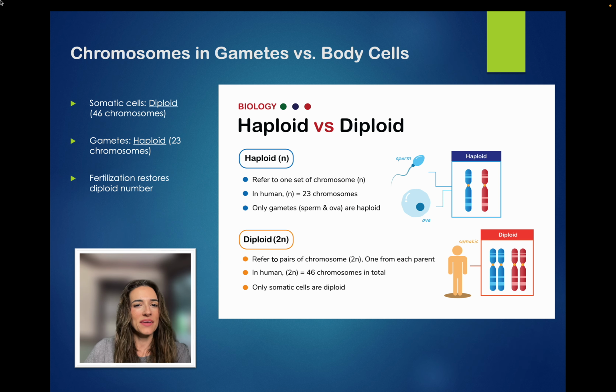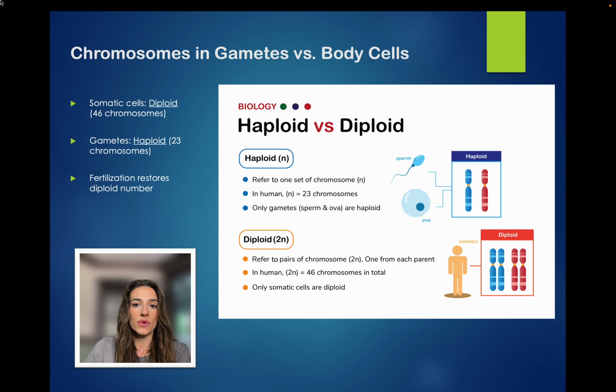All right, let's dive into chromosomes, those little bundles of DNA that contain all the instructions needed to build and run our bodies. Most of our body cells, called somatic cells, are diploid, meaning they have a full 46 chromosomes, 23 from mom and 23 from dad. These cells make up things like our skin, organs, and muscles. But for reproduction, we need a different setup entirely. Reproductive cells, which are sperm in males and the eggs, or oocytes, in females, are haploid, meaning they only carry 23 chromosomes each.